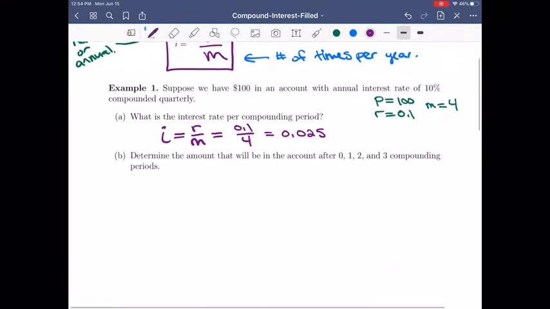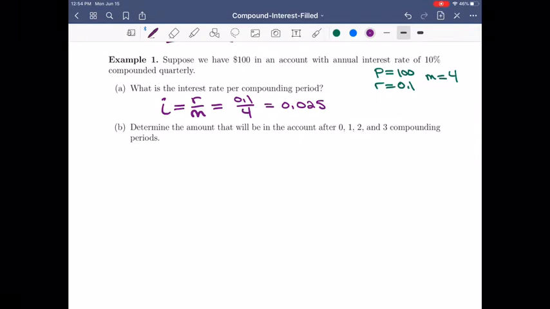Now without the formula, we're going to try to come up with how we would compute the compound interest amounts. We're going to do it by an example, talking about just the first 4 compounding periods. At the beginning, after 0 compounding periods, I'm going to call that A0. Obviously, no interest is applied yet, so this is just going to be our principal, which is $100.